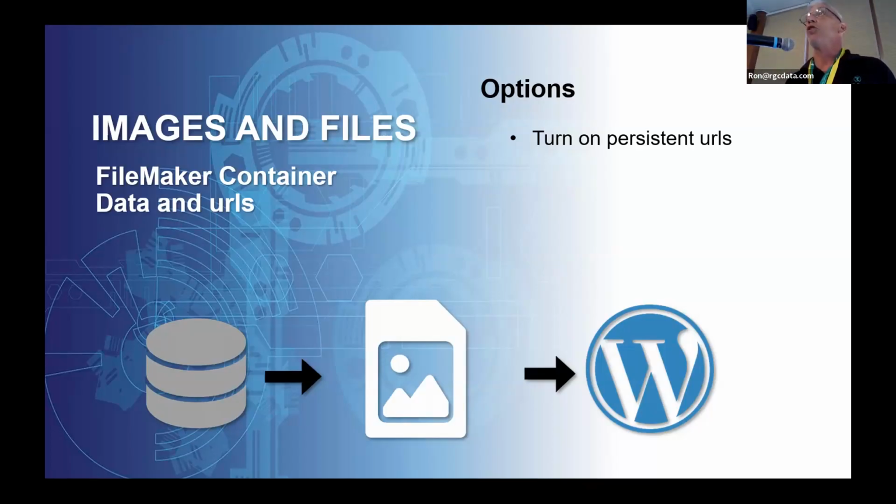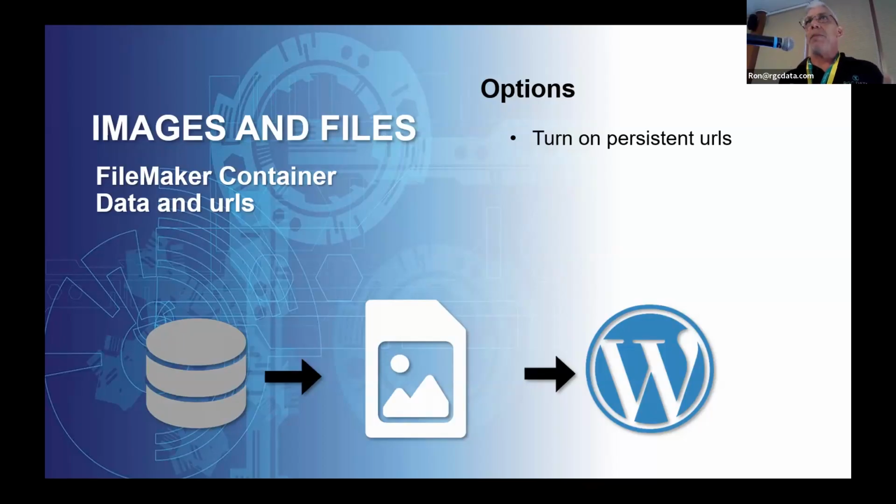And that was something that took me forever to find somebody that could tell me what was going on. First of all, the first option is there's a feature in FileMaker Server. You can change that URL to what's referred to as a persistent URL. So it loosens those security constraints. The thing to keep in mind is that it's a server setting.